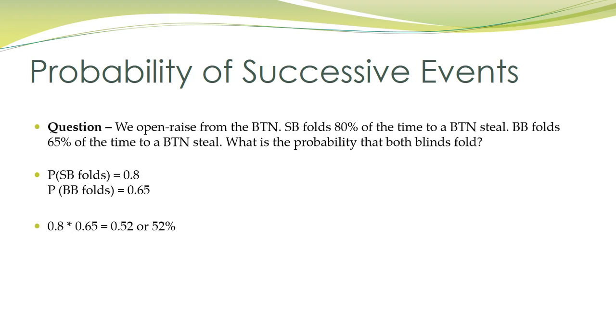But now using this information, you know how to calculate exactly how often the blinds are folding cumulatively. You can simply take their respective folding frequencies, expressed as a decimal, and multiply them together. And you get to figure out whether you can generate automatic profit with an open raise. So we can also see how a knowledge of probability can help us to utilize our opponent's HUD stats and generate exploits.